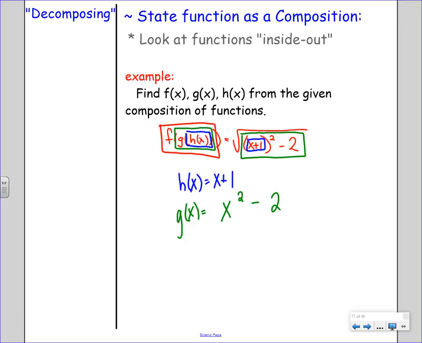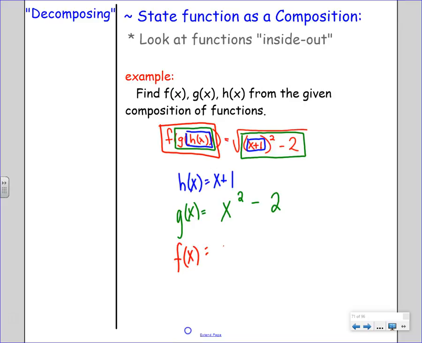But once we establish that x plus 1, h is going to come into this spot. X marks the spot. To mark the input spot, I just put an x. We'll check it at the end to make sure it makes sense. But g is somebody squared minus 2. And at the most basic level, we always use x to mark the somebody. So then what's f going to be?